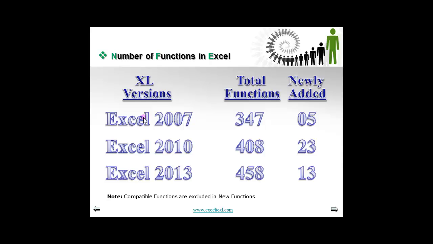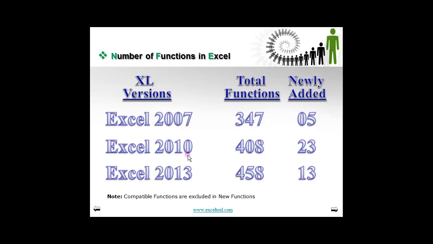From Excel 2003 migrating to Excel 2007, we can see 5 newly added functions. Those 5 functions are listed in this. So the total number of functions is 347.